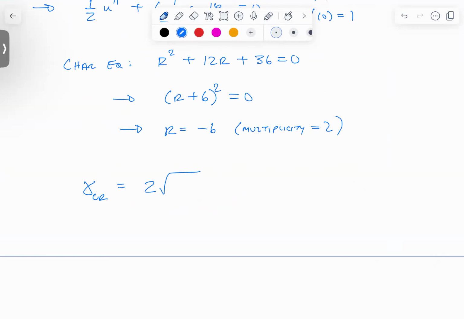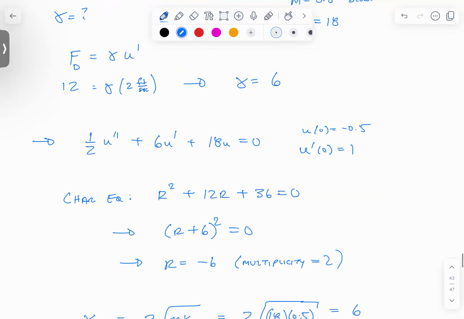Then we can solve for our critical damping to identify what we are looking at. So the critical damping coefficient is 6.